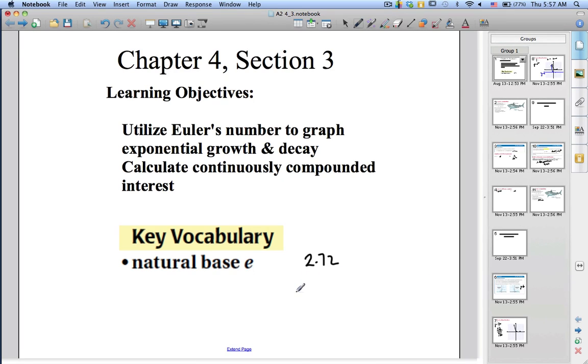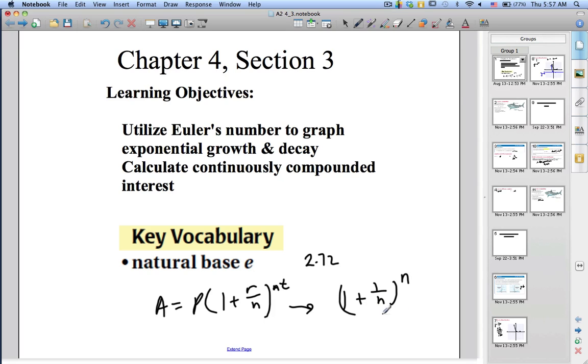And what Euler figured out was that if you take a look at this item, we have A is equal to principal times (1 plus r divided by n) to the nt power. And what he was looking for is, all right, rate changes and time changes, principal changes, but if I just look at a part of this function, (1 plus 1 over n) to the n power.